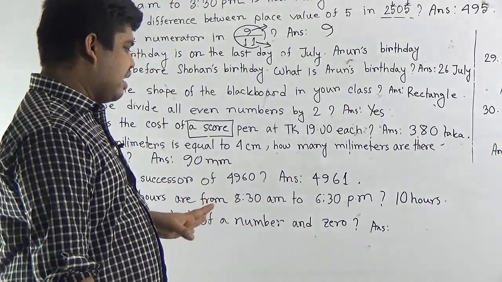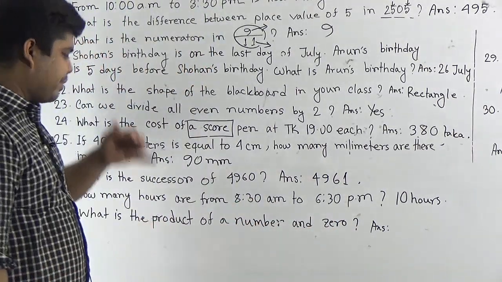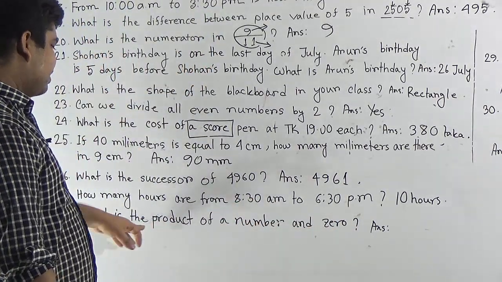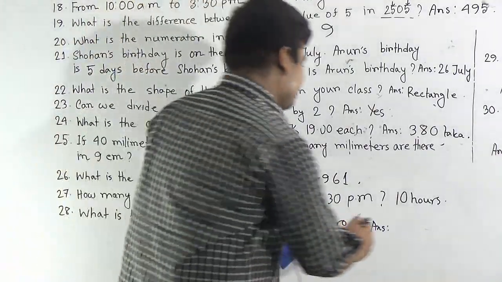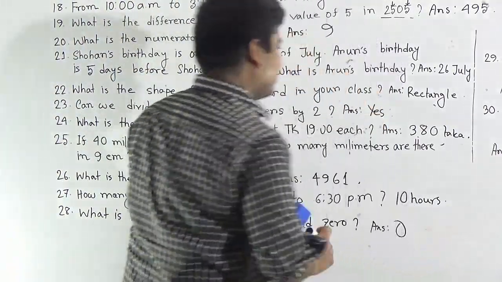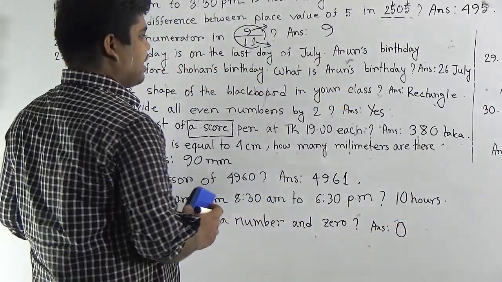So any number you multiply with 0, the answer will be 0. So the product of a number and 0 is always 0. So 0 is the required answer. I hope you have understood question number 28.